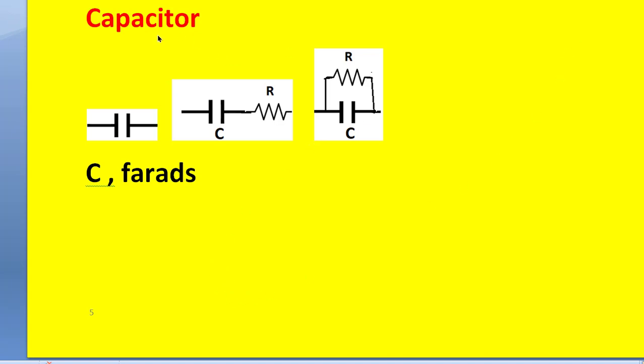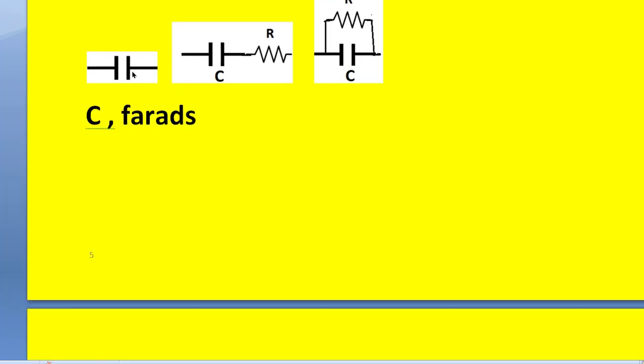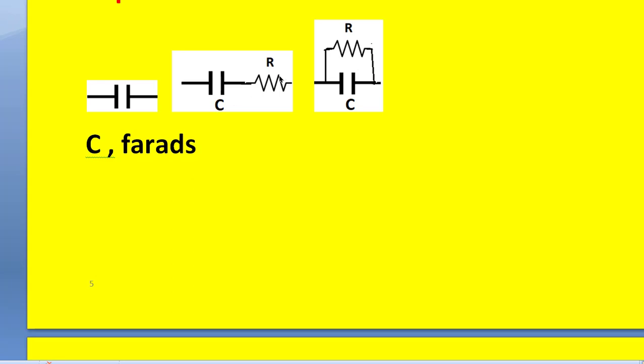Next, we consider the capacitor. The symbol for the capacitor is like this, and it is represented by C, and the units are farads, and its equivalent circuit is like this. Capacitance in series with resistance.